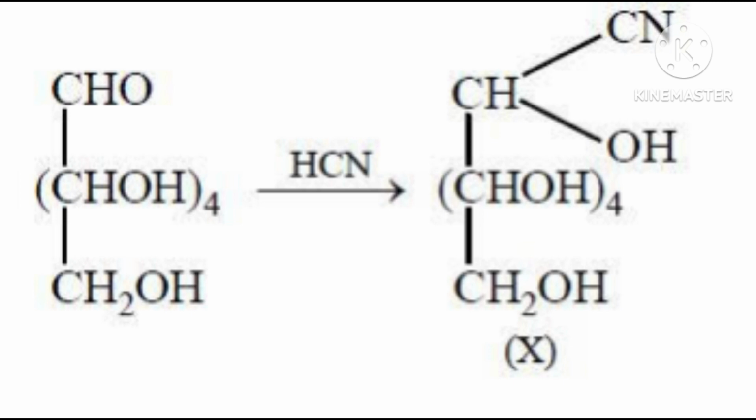That indicates that glucose has a CO group by these two reactions. Now the next reaction, the next evidence, the fourth evidence, I am telling you: glucose gets oxidized to 6 carbon.